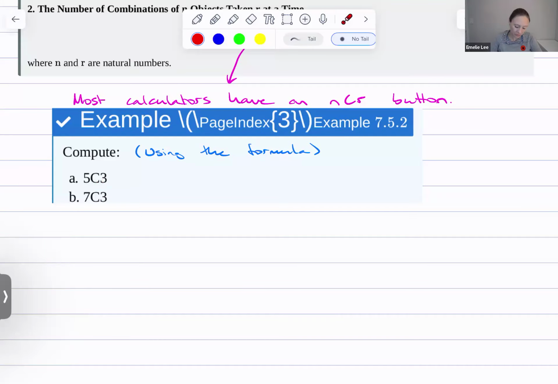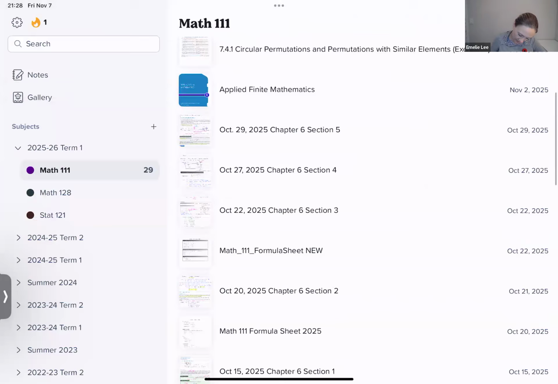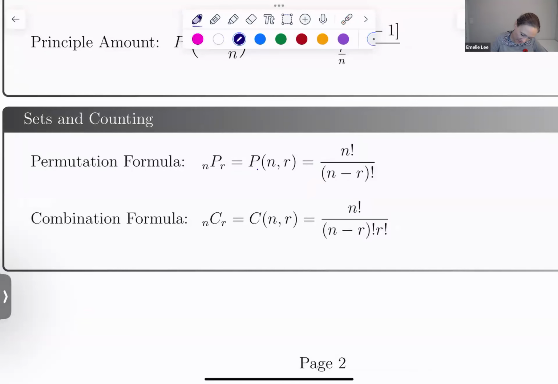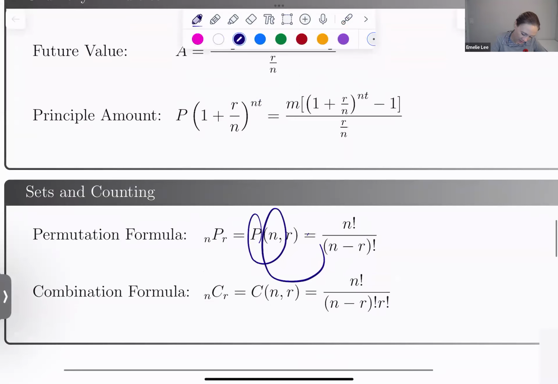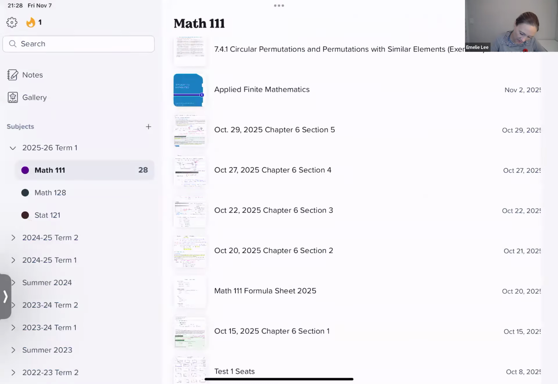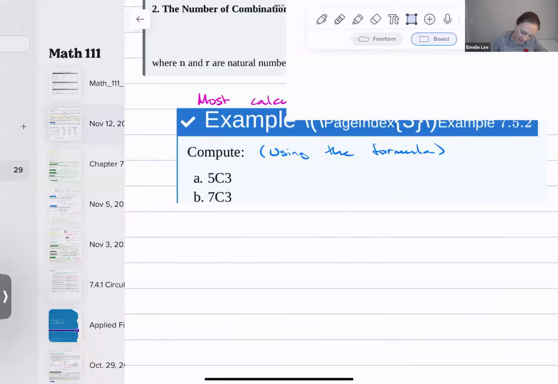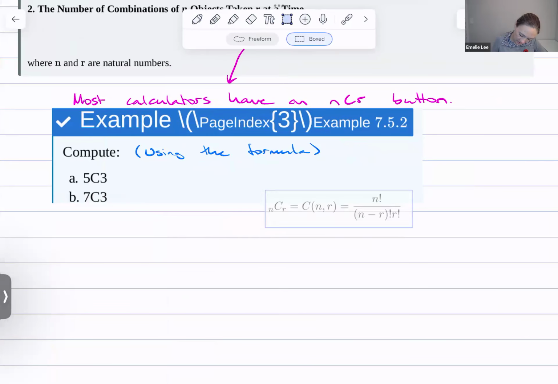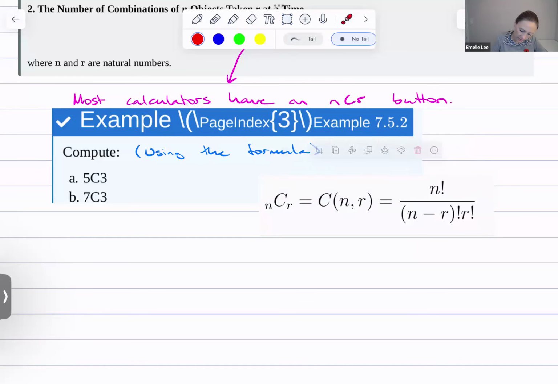And on your formula sheet, which I really gotta put a mark on here so it bumps it up to the top. Now, if we're calculating n choose r, then we need to do n factorial over n minus r factorial times r factorial.